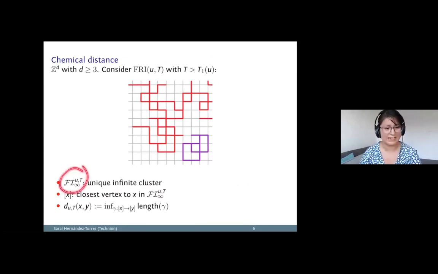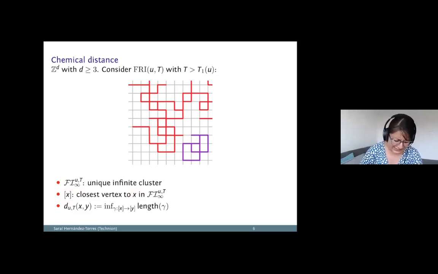So I denote by this curly I, with its parameters u and T, this unique infinite cluster or connected component. And every time that I have a vertex x, I denote by bracket x the closest vertex to this infinite connected component.